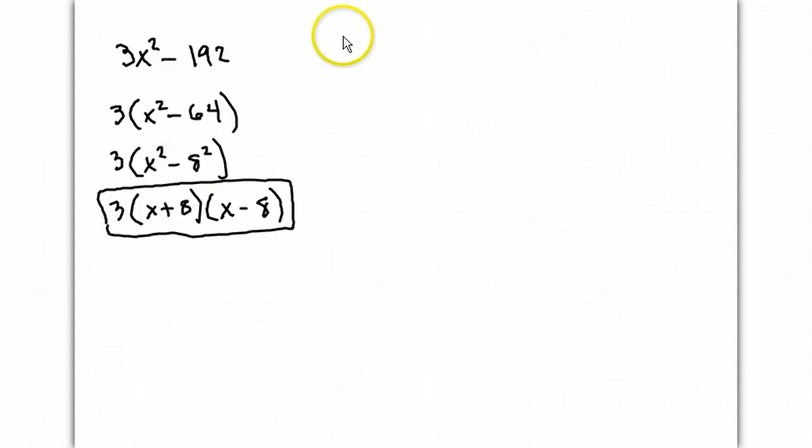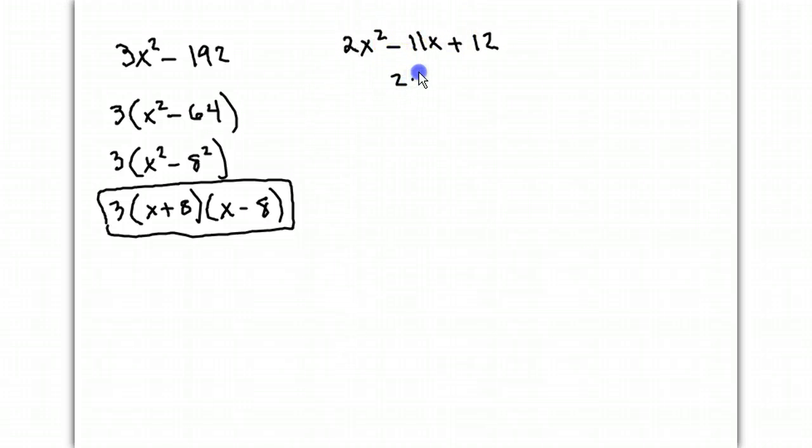Okay, let's say we're given a problem 2x squared minus 11x plus 12. Because we have a number connected to our x squared, that means we use the AC method. So we take the 2 times the 12 and we get 24. So we must find two numbers that multiply to give us a positive 24 and add to give us a negative 11.